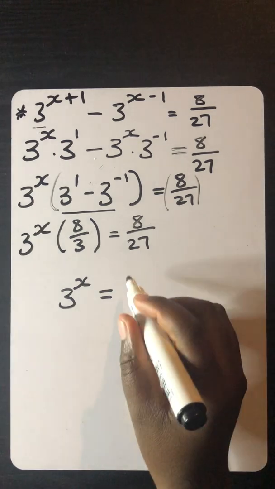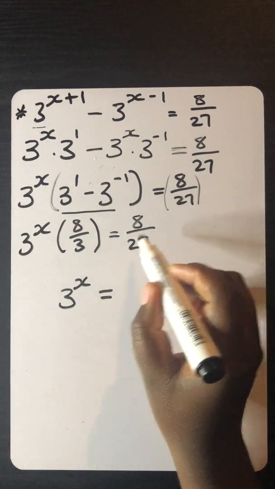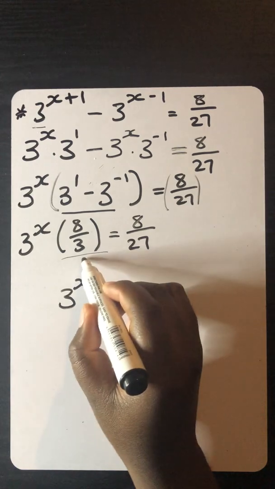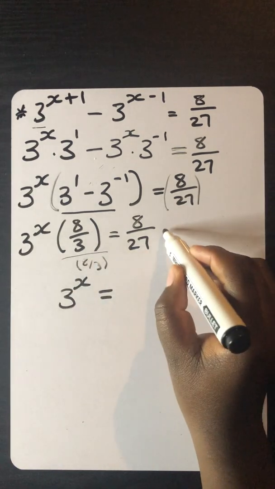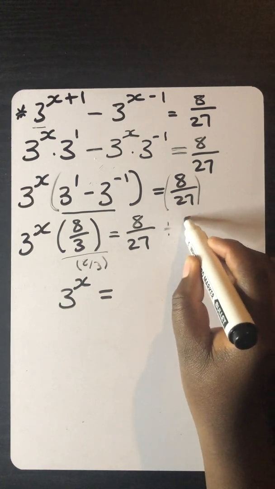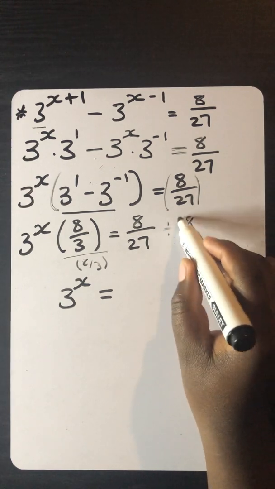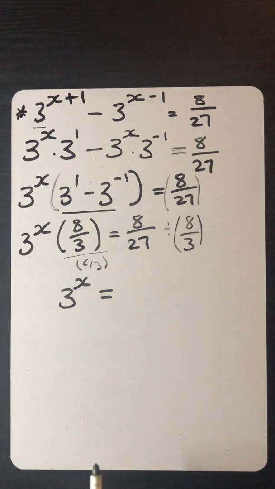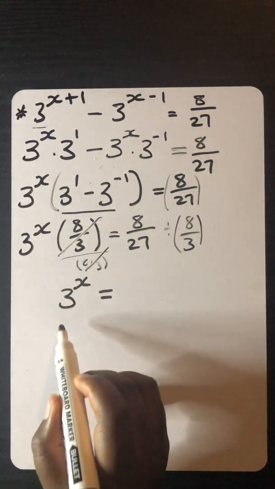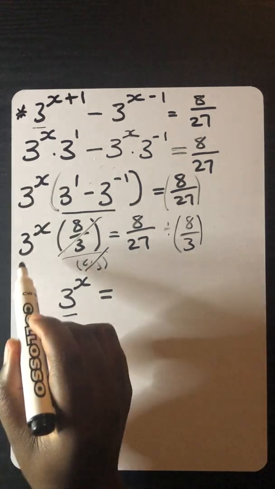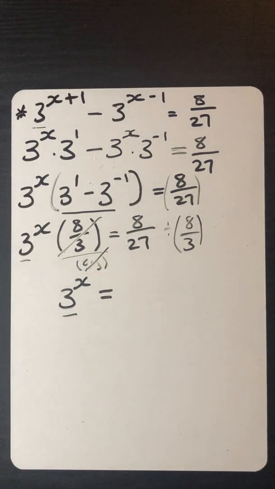So now let's divide both sides by 8 divided by 3. The reason for that is so that all of this cancels and you remain with that 3 to the exponent x.